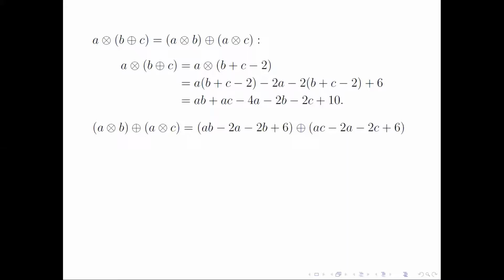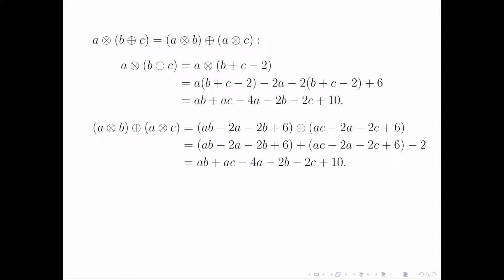Then, using the definition of circled plus, it would be the first operand plus the second operand minus 2. Combine the like terms, we get the same result. So, we established the distributive property.